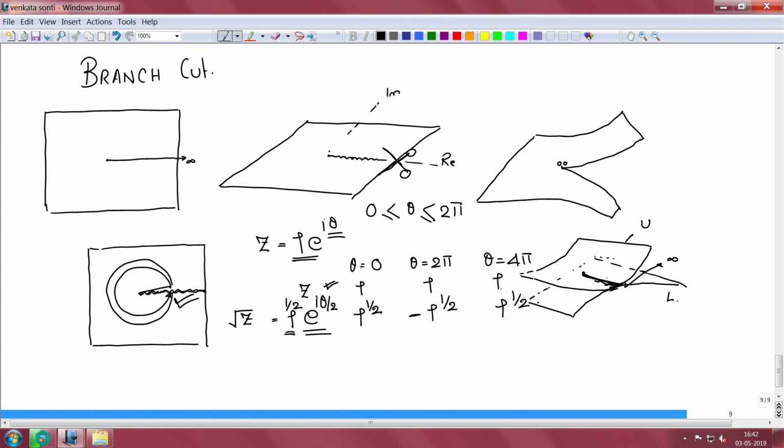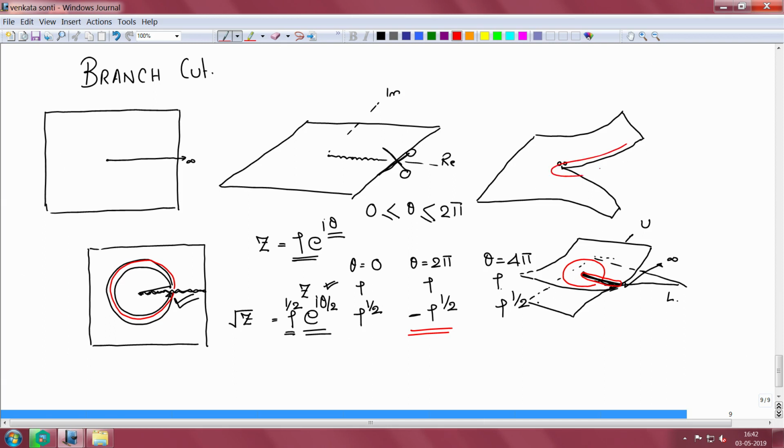So, when I start over here, theta equal to 0, and go to theta equal to twice pi, by that time my function has switched sign. So, now there is a hole here, remember, this cut we made.